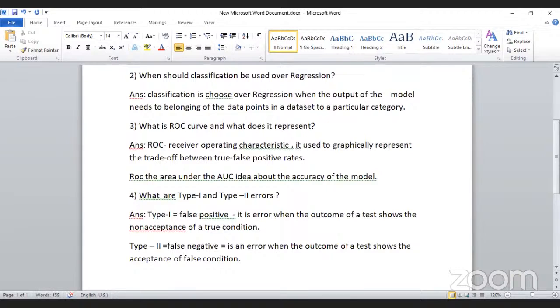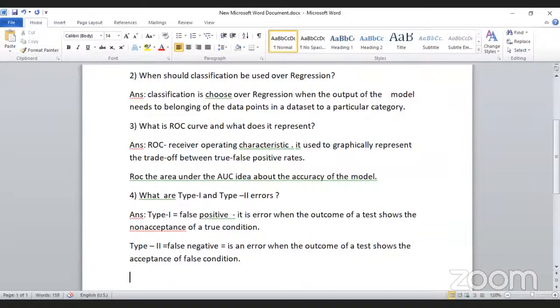In this case, what happened? The error occurs when the outcome of a test shows the acceptance of a false condition. If I would like to give an example, when the CT scan of a person shows that they do not have a disease, but in fact they do have a disease, that means there is a presence of disease, but the result shows non-presence of disease.